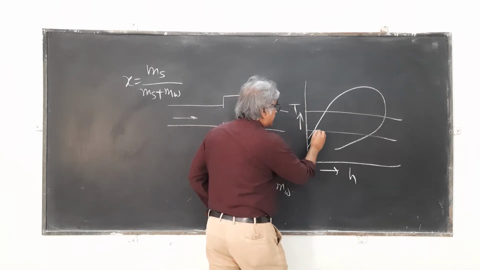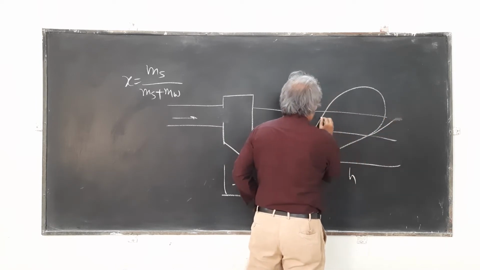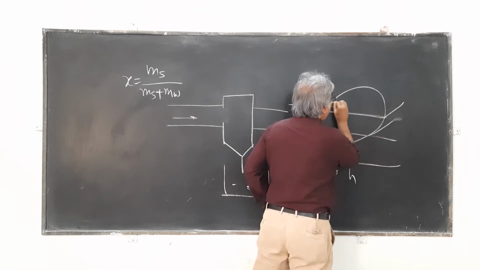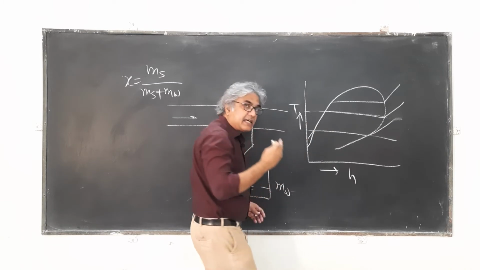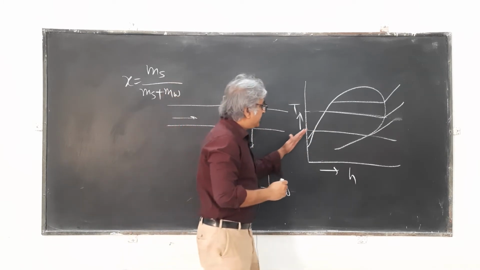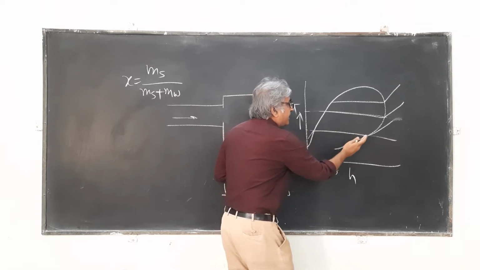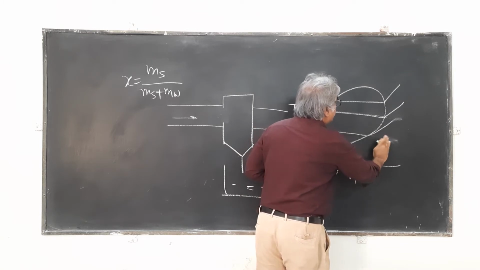So these are all constant pressure lines. As we have discussed in previous videos, they will be along this line, then horizontal, and then they would move like this. Okay, I'm just removing this line.